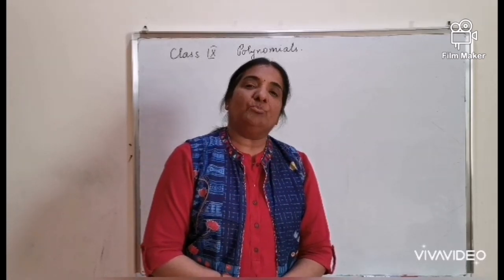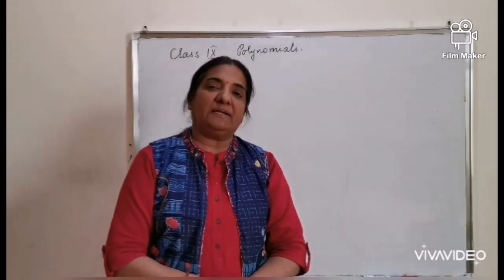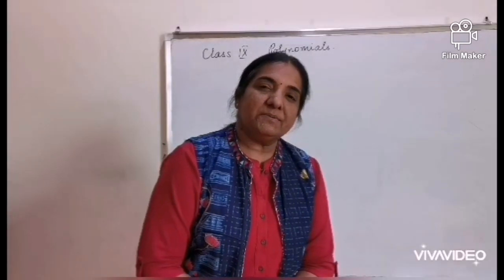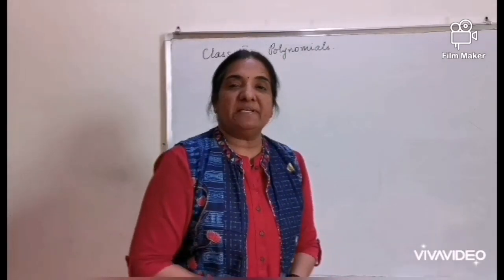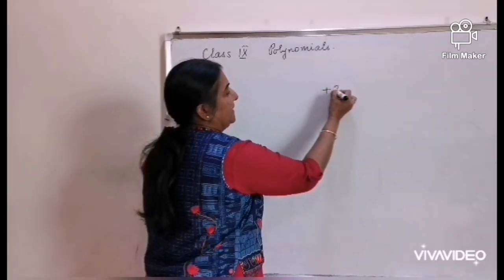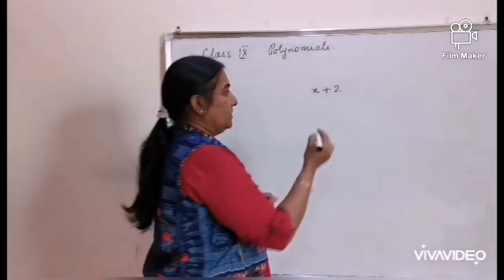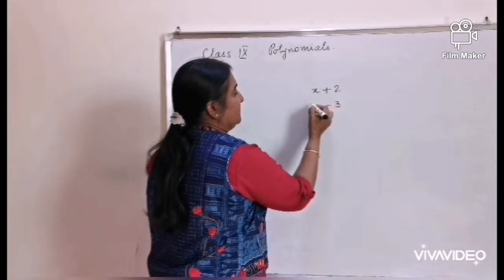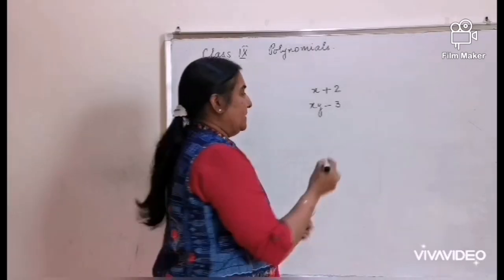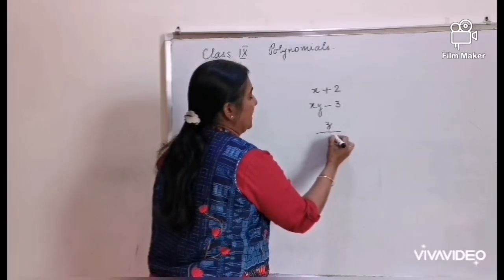Here, chapter 2, Polynomials, comes under the branch of mathematics, algebra. Algebra is used when we have statements like 2 is added to a number, or 3 is subtracted from the product of x and y, or 8 is divided from a number.